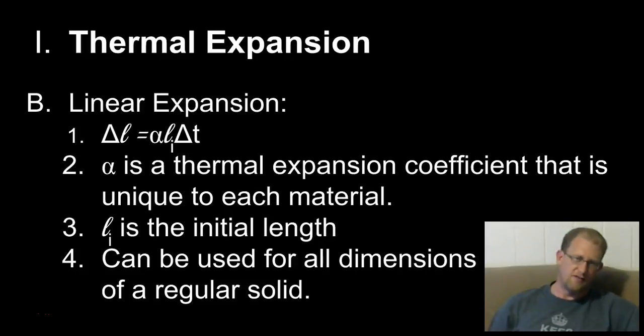So concrete has its own value for alpha, water has a value for alpha, oxygen gas has a value for alpha, yada, yada, yada, okay? And so the initial length is just multiplied by that expansion coefficient times the change in temperature gives you the change in length. Now, not the new absolute length, but the change in length.